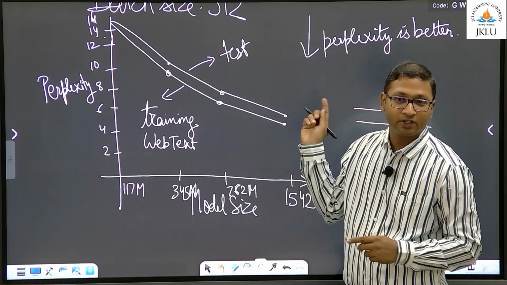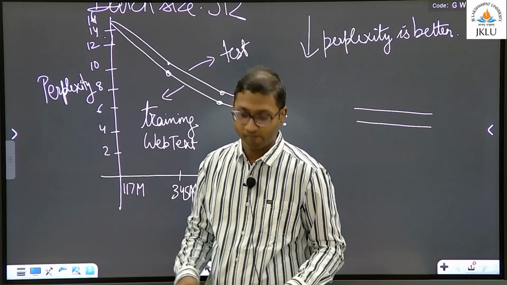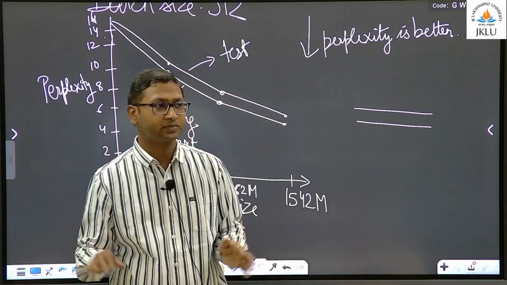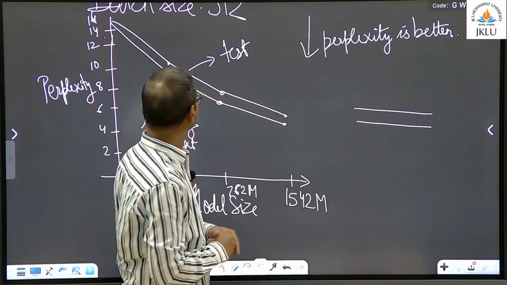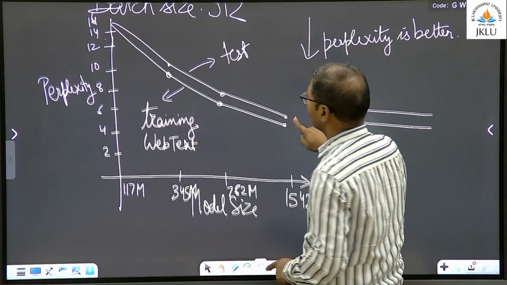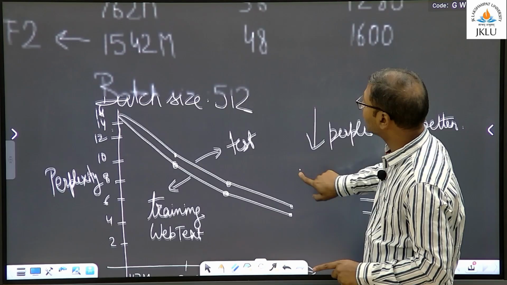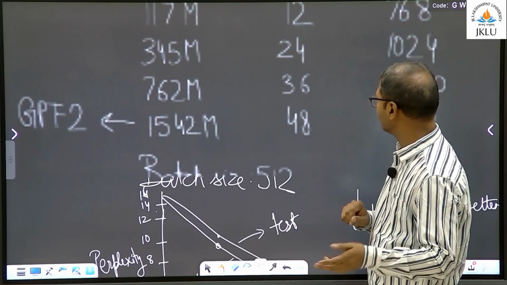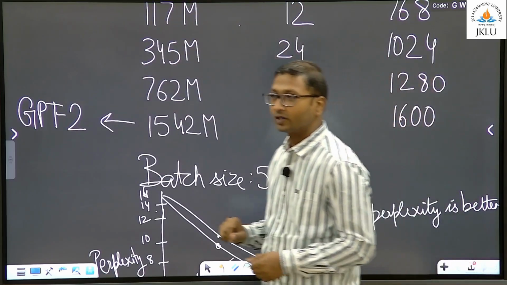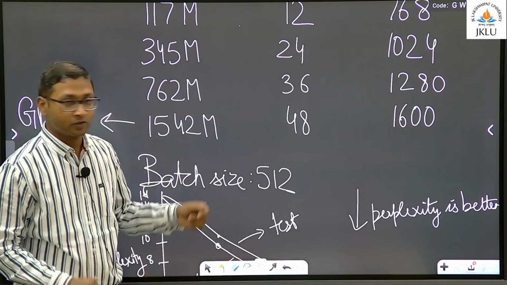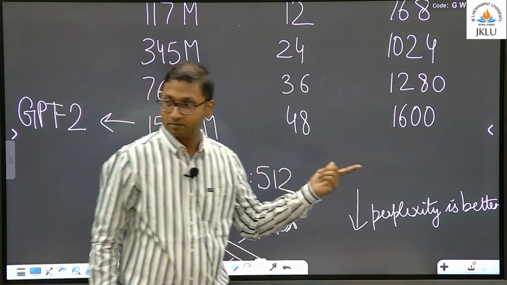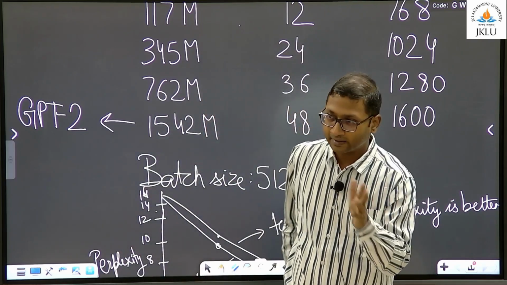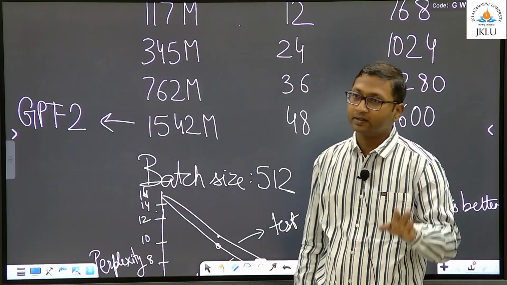And what do you think they will do in GPT-3? By now you should be able to guess. So how will you make it 175 billion? I'm not looking for exact numbers, but what will you do? You will increase vocabulary size. So GPT-3, I think it has somewhere around 100K.